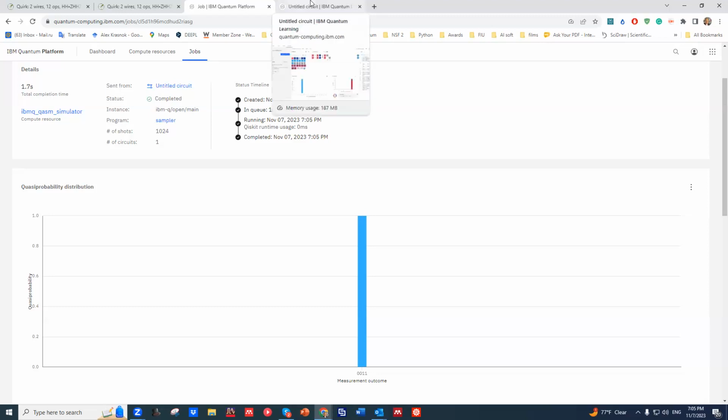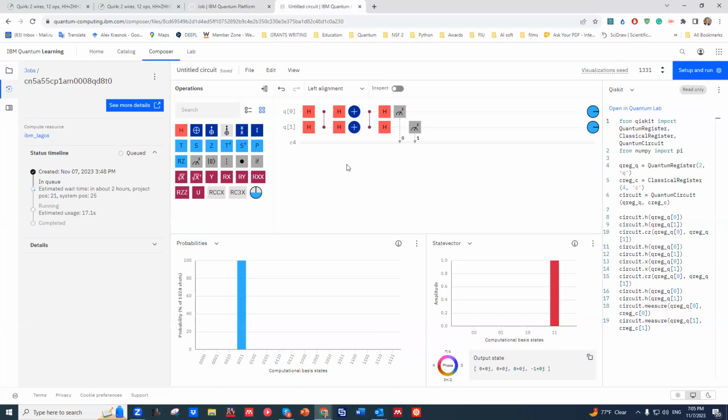And before starting this lecture today, I sent this circuit for simulation to the real quantum computer, and it's still in the process. So it still says 2 hours.